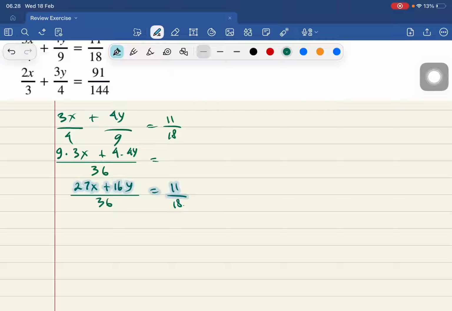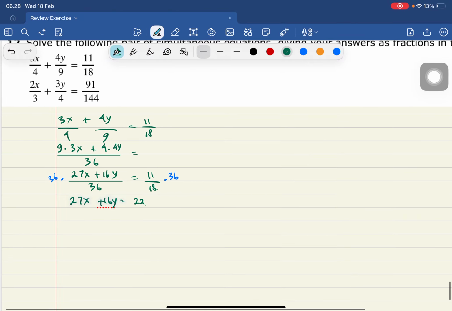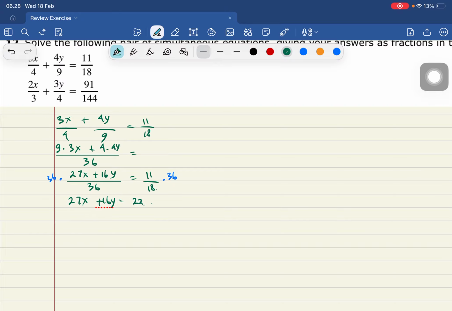To get rid of 36, we can multiply by 36 on both sides. It's going to be 27x plus 16y equal to 36 divided by 18 is 2, so this is equal to 22. Okay, we got the first equation. Here is our first equation.